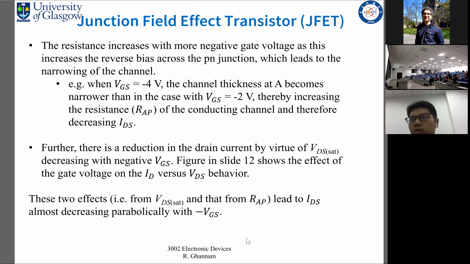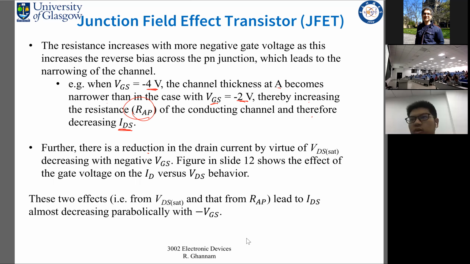The resistance increases with more negative gate voltage, as this increases the reverse bias across the PN junction, which leads to a narrowing of the channel. So when VGS is minus 4 volts, the channel thickness at A becomes narrower than when VGS is equal to minus 2 volts, okay? So the resistance RAP of the conduction channel increases, and therefore it also decreases IDS.